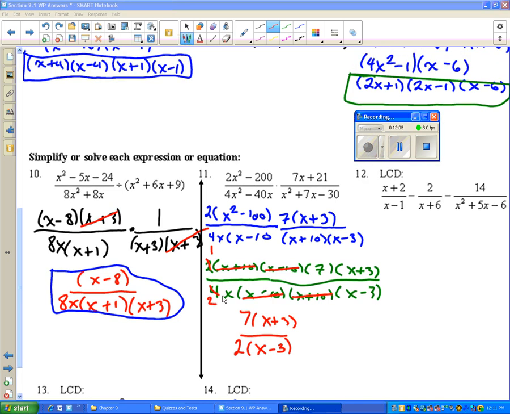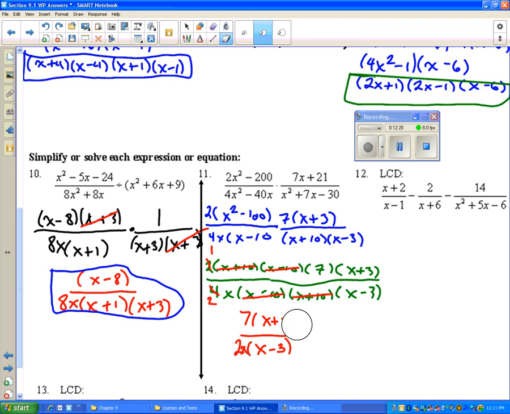And the one mistake I made is I dropped this x right here, so this needs to be 2x times x minus 3 in my denominator, and x plus 3 in my numerator. Okay. Be careful, don't drop things just by not looking at them.